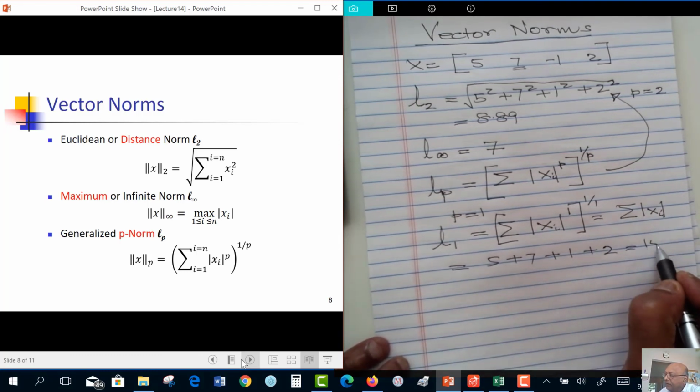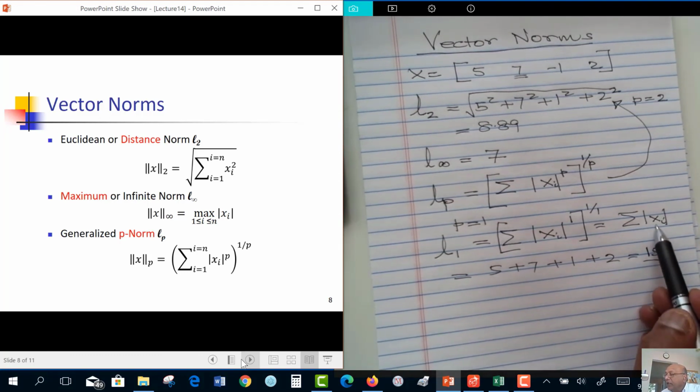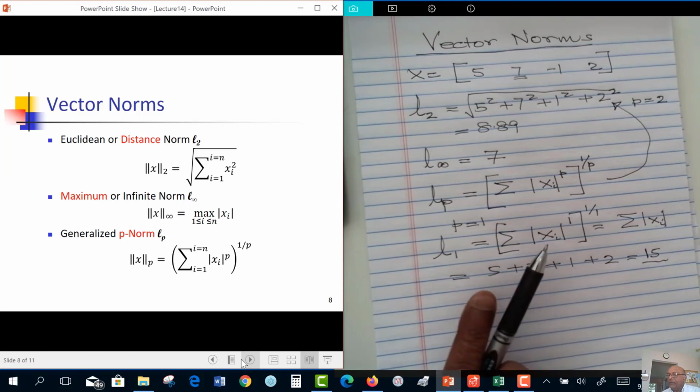So we'll get 15. So this is usually very useful if you want to average out errors, for instance, because you want to only be concerned with magnitude of error, not sign of error. Positive and negative errors, they will cancel out. So often L1 norm is very useful in calculating average error.